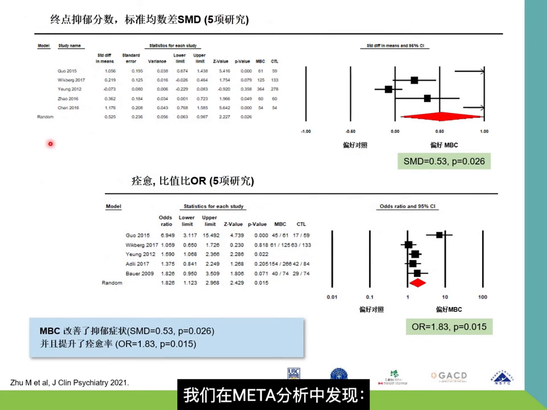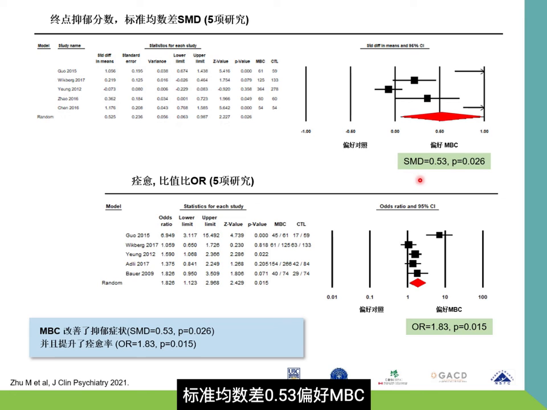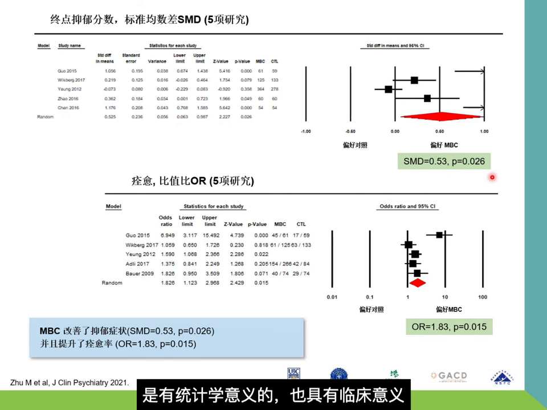What we found in the meta-analysis was clear evidence in support of measurement-based care over usual care for the treatment of depression. So for example, in the 5 studies that looked at depression severity, we found a standardized mean difference in depression scores of 0.53 in favor of measurement-based care, which was statistically significant and also clinically significant.